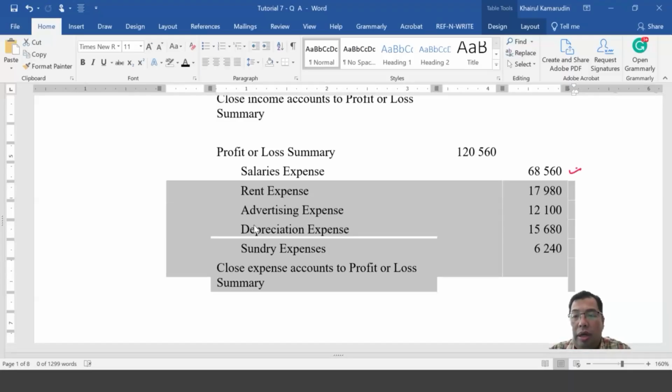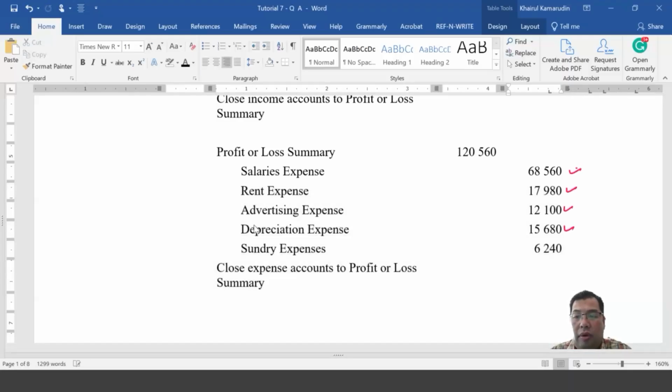We have 1, 2, 3, 4, 5, and your total profit and loss summary will be 120,560. There is a question, how do I get this number? This is the sum of all these figures. Because debit and credit should be the same, this is the sum, 120,560.